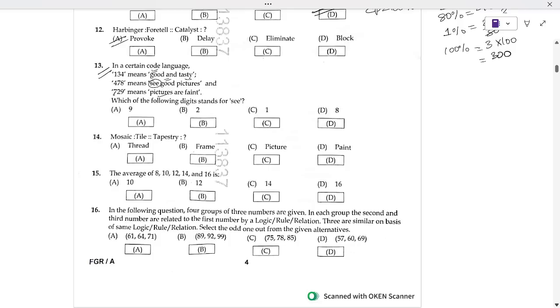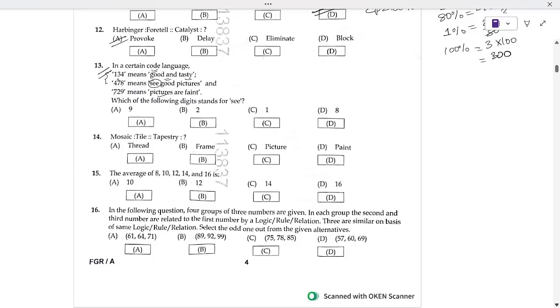That means 7 is pictures, right? Then for good, 1, 3, 4 and 4, 7, 8 have one similar number. Good and tasty, see good pictures, only one word is similar.